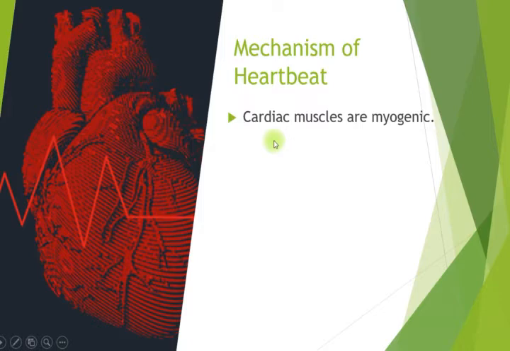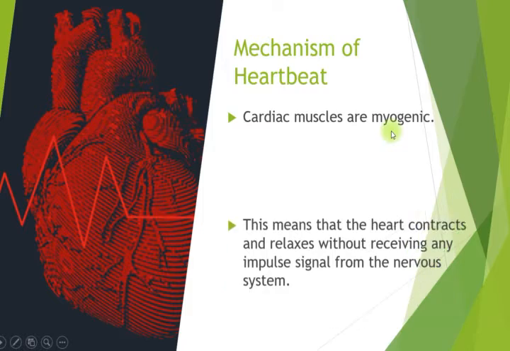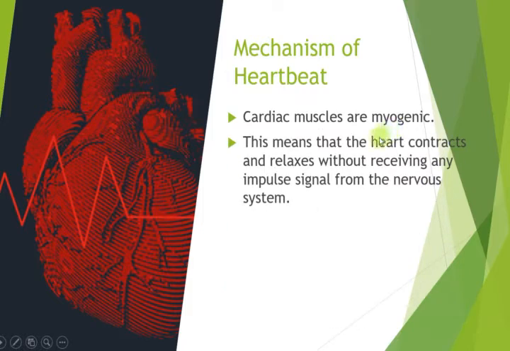The cardiac muscle has a special characteristic, which is myogenic. What do you mean by myogenic? It means that the heart contracts and relaxes without receiving any impulse signal from the nervous system.